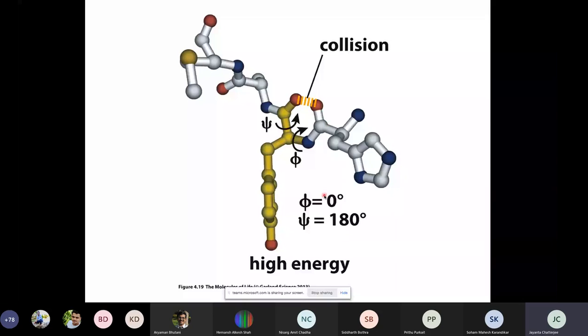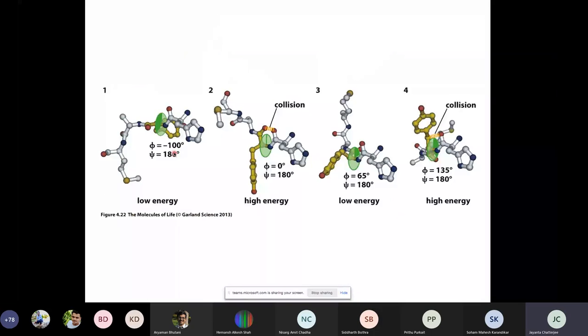However, if you rotate it slightly, so here we were discussing phi equals 0 and psi equals 180 degrees. Now what happens if you rotate the phi to minus 180 degrees, meaning you are going in an anti-clockwise direction?